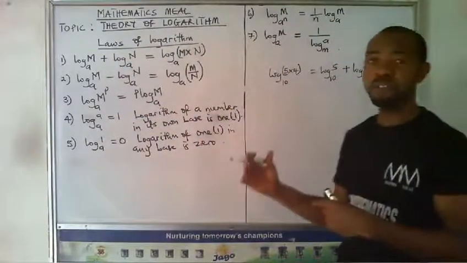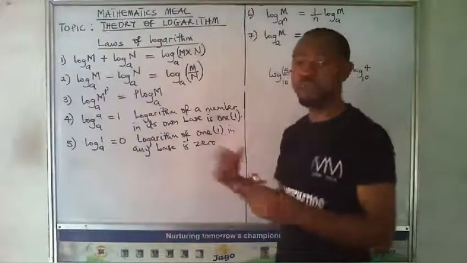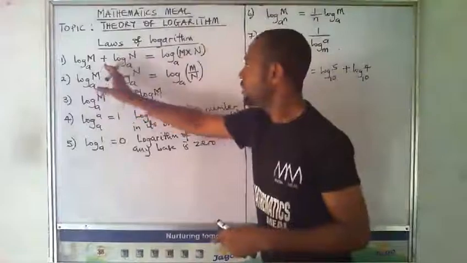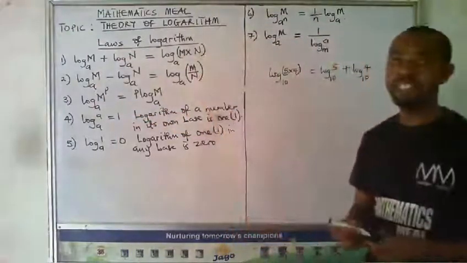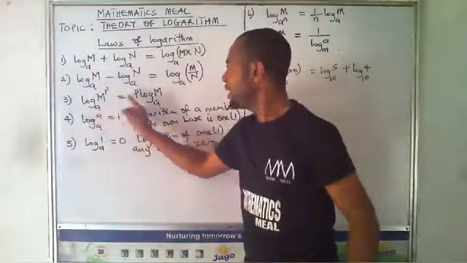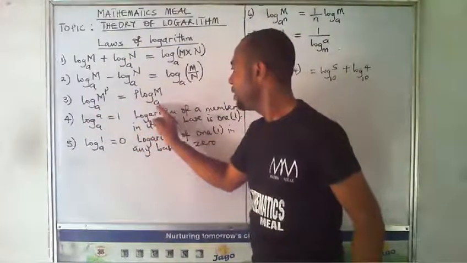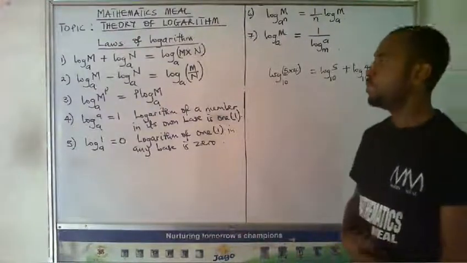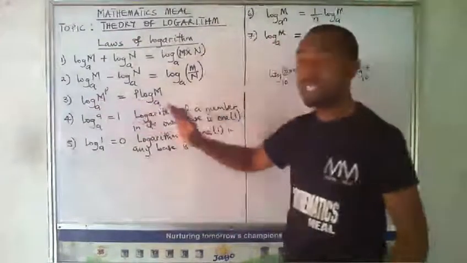They are reversible, like we normally talk about reversible reactions in chemistry. So if I have log m raised to power p in base a, it's the same as saying p log m in base a. When I write this and this, they are the same thing.